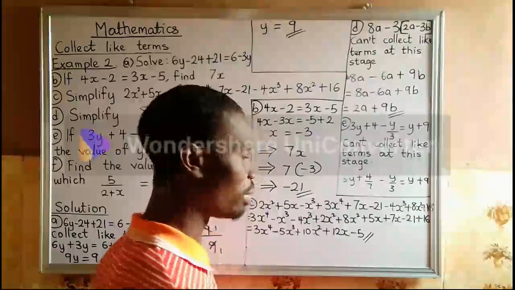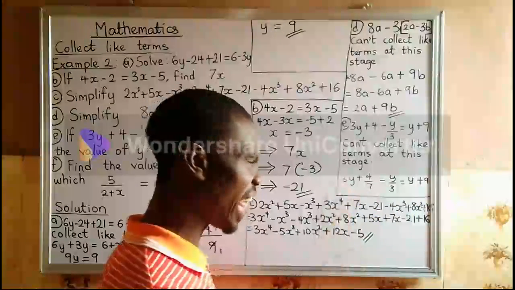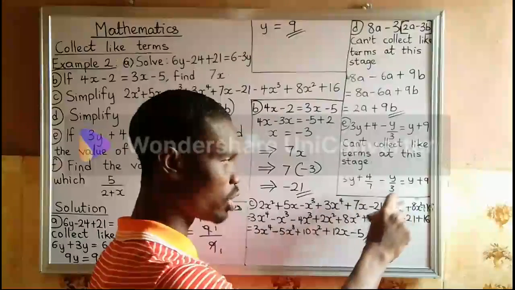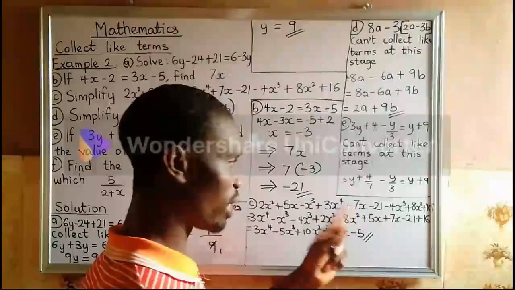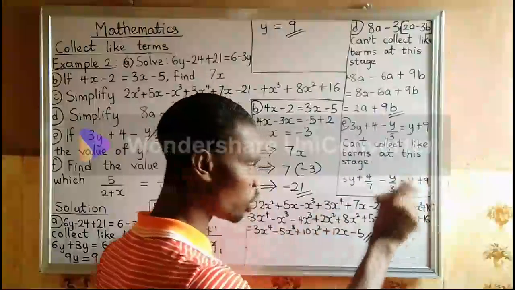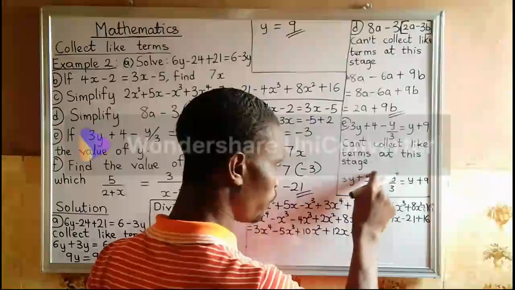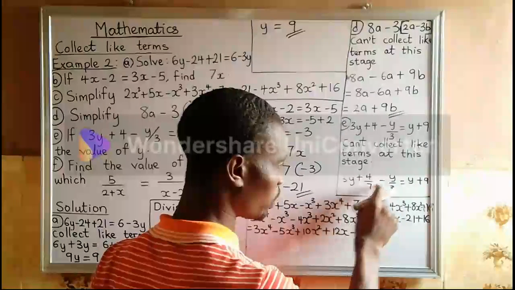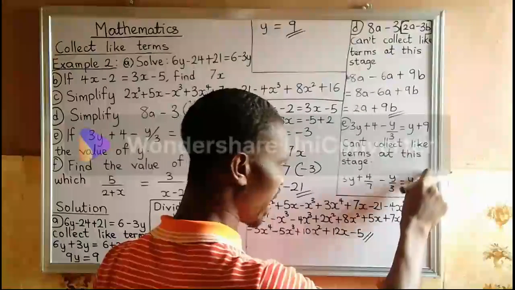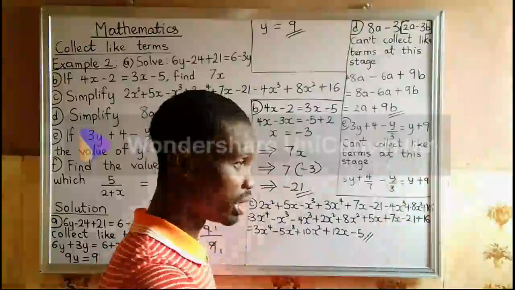You multiply through, that is, you multiply each of these terms by the LCM of the existing denominators. In this case, we have 7 and 3. So you find the LCM of 7 and 3, which is 21. So you multiply each of these terms by 21. That is 3y times 21, 4 all over 7 times 21, y all over 3 times 21, y times 21, 9 times 21. And you will now see that the fraction will be dealt with.